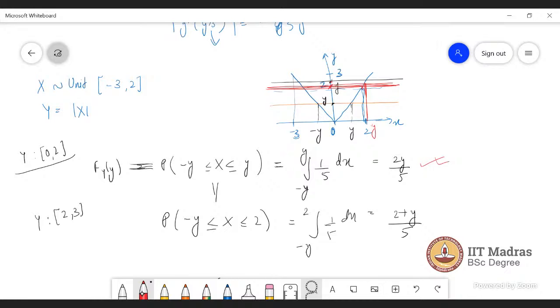When we are taking the second case, y value between 2 to 3, is it the probability of x less than or equal to 2 or x less than or equal to minus 2?